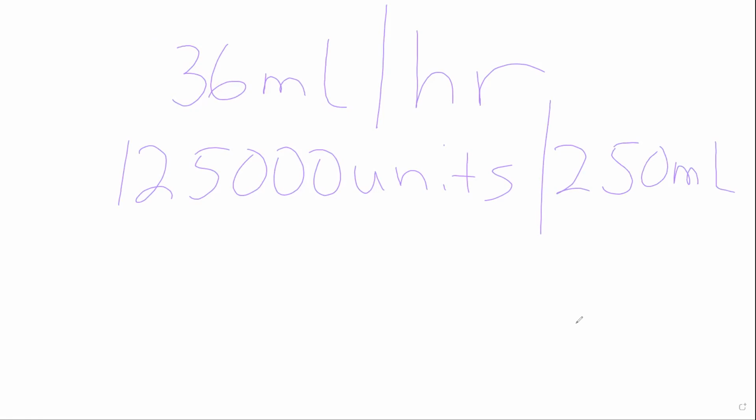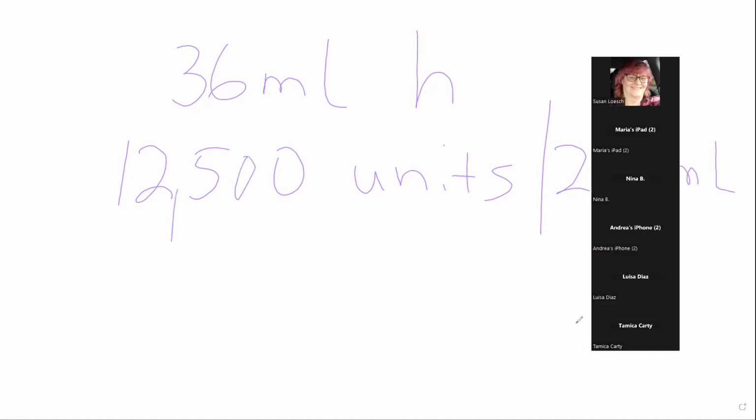So the first thing for this one you have to do is take your 12,000. Oh, I put too many zeros there. Should be just 12,500. Okay, so we're going to take this 12,500 and divide it by our 250 mLs.